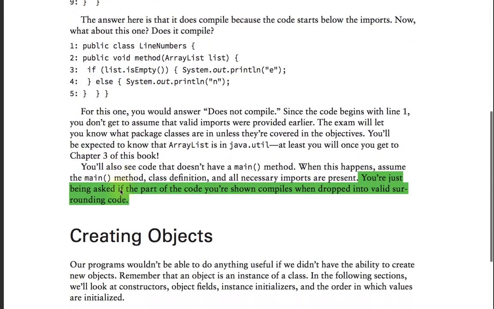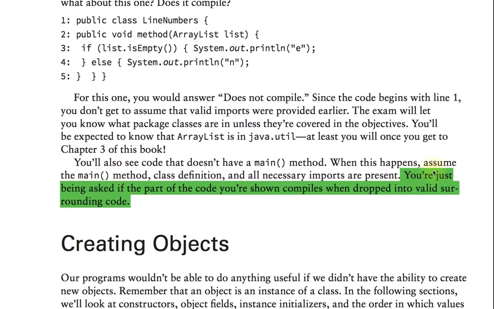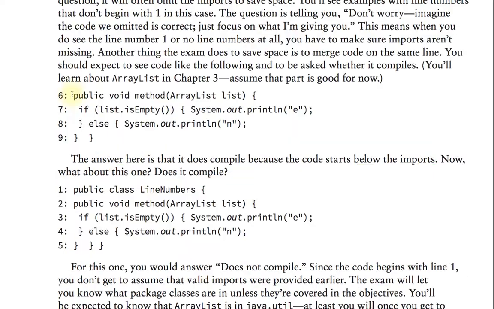So here is a point I've noted for you guys. You will just be asked if the part of the code you are shown compiles when dropped into valid server code. So this guy wants to tell us that we will have a question starting from the sixth line or some other line to some other line, and here we are missing the class name, right?